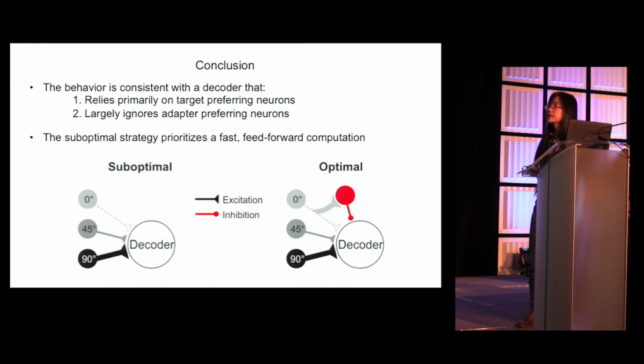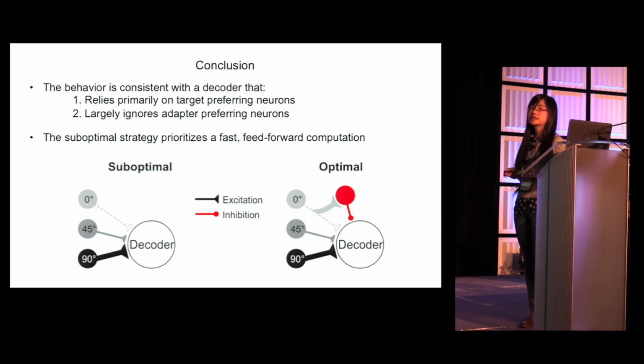However, our results suggest animals adopt a suboptimal strategy that can be simply implemented through feedforward monosynaptic excitatory circuits, which prioritize fast computation, and moreover, the synaptic weights can be easily shaped by simple associative learning rules.